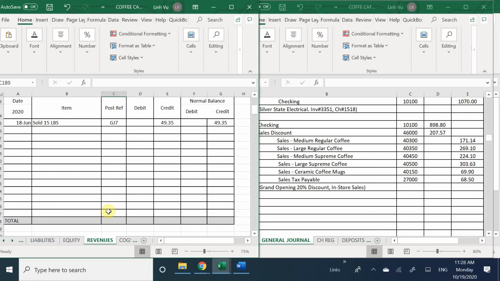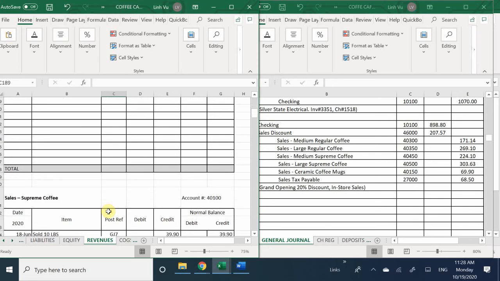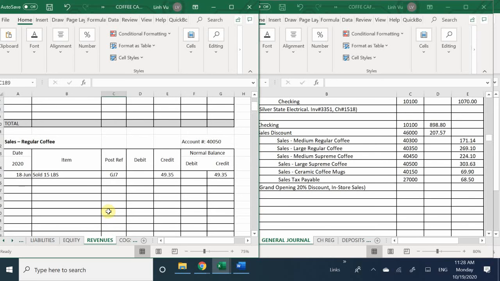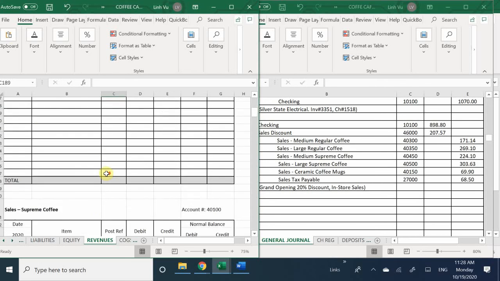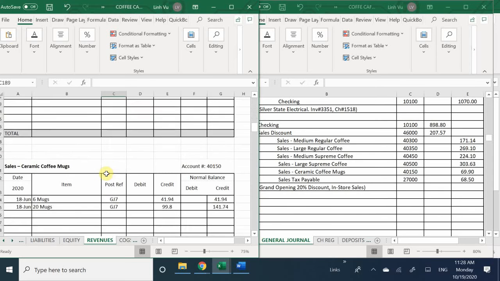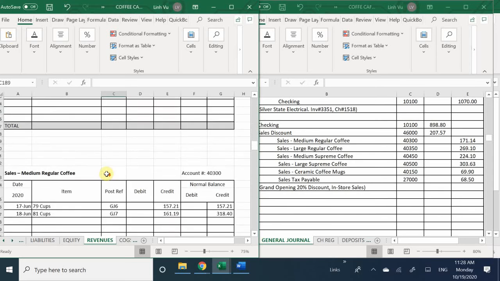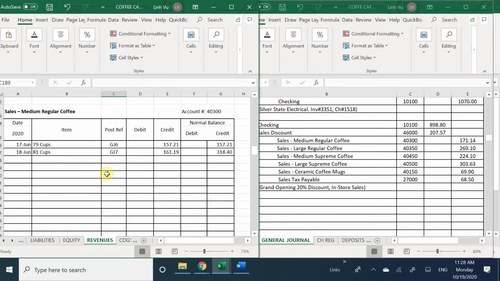All right. Now I'm going to scroll all the way up to the top. Did I have sales regular coffee? No. It's not a sale. No. Okay, it's good, the regular price. Yes. All right. So here now we're at our sales medium regular coffee.